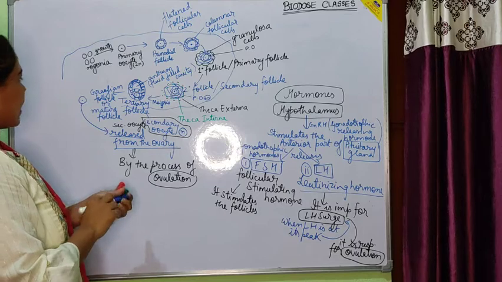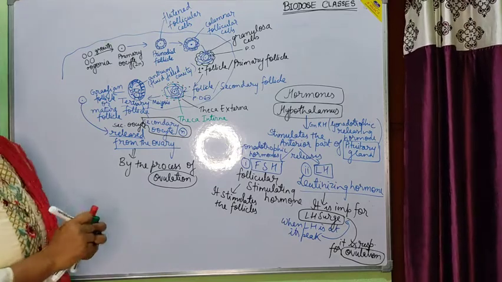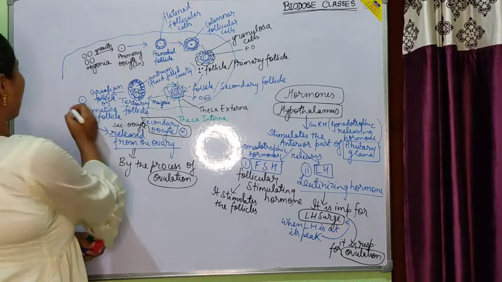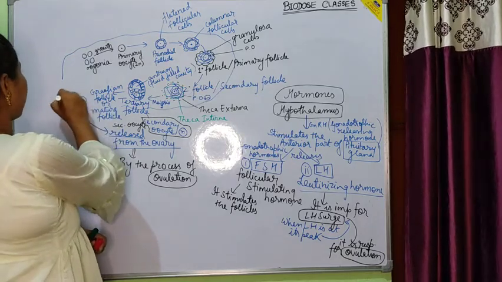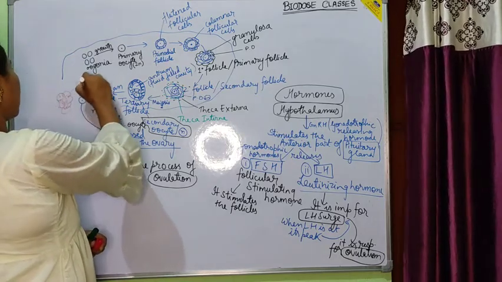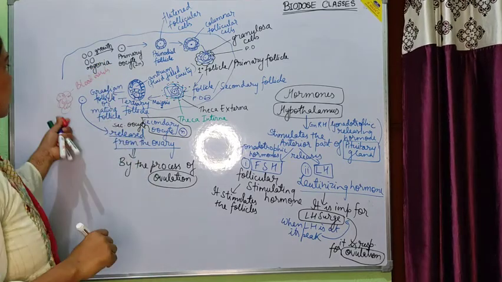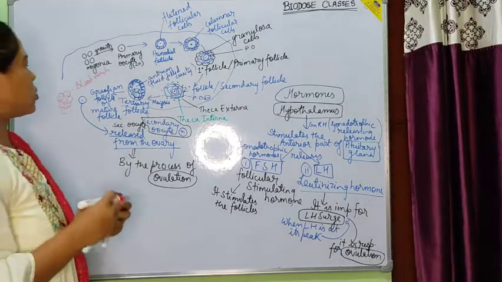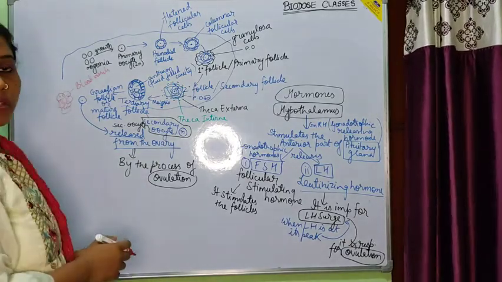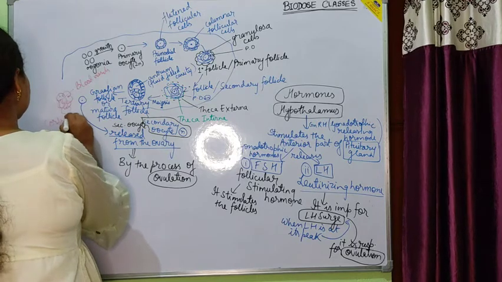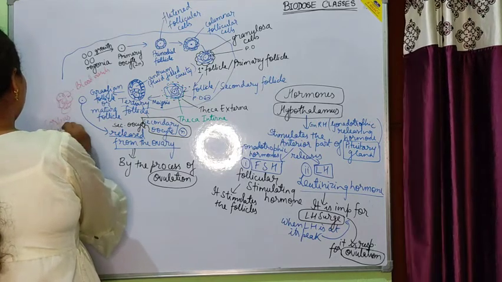Now, when this secondary oocyte is released from the ovary, there are leftover particles or either the blood vessels. What are left? The blood vessels. These blood vessels would unite together to form a structure. That structure is known as corpus hemorrhagium.